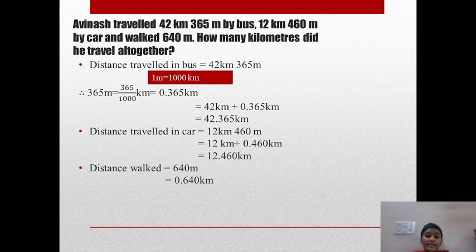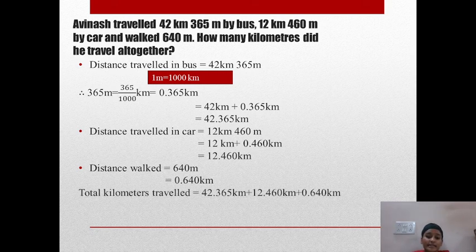So, will you add it or will you subtract it? Yes, you will add it. So, you will add all the three distances. So, total kilometers traveled will be 42.365 plus 12.460 plus 0.640 kilometers, and the answer is 55.465 kilometers.